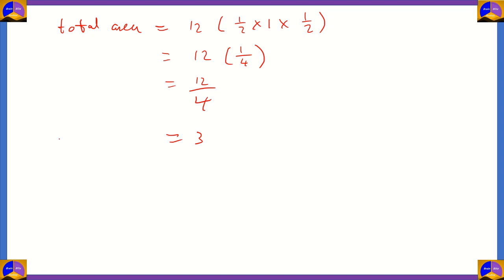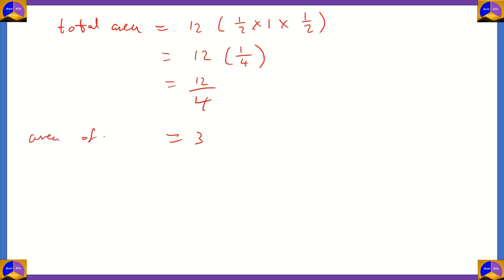So the total area of the polygon would now be equal to 12 times half times 1 is 1 times half. So 1 by 2 into 1 by 2 would give us 1 by 4, and that multiplied by 1 would give you the same value. So basically the total area is 12 divided by 4, which is equal to 3.